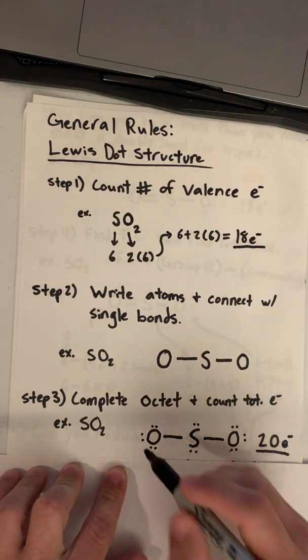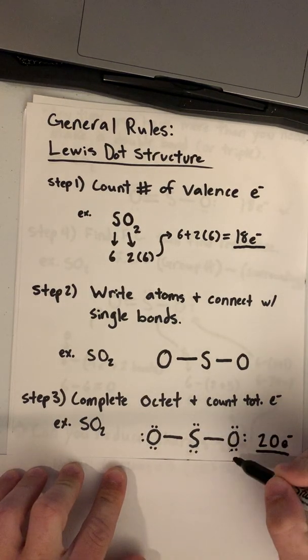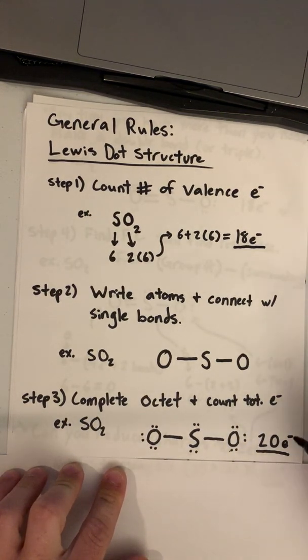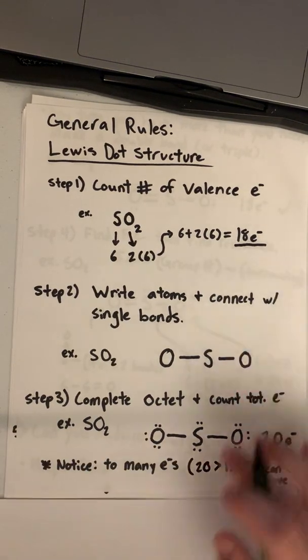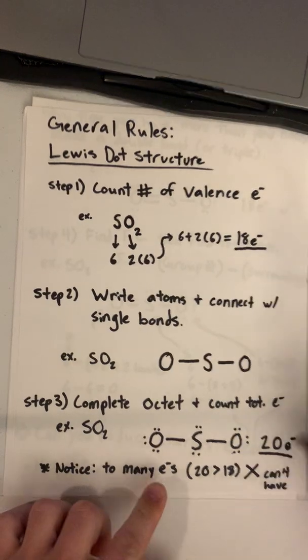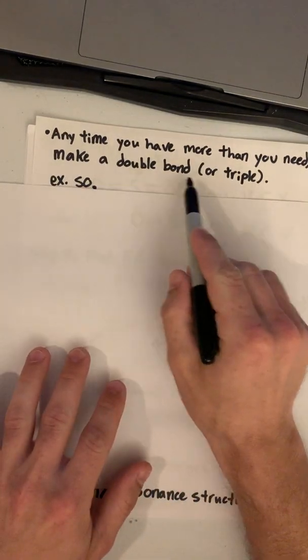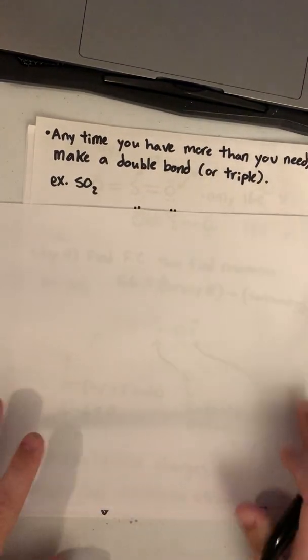See where you're at. We get 2, 4, 6, 8, 10, 12, 14, 16, 18, 20. So notice how we have 20 electrons here. Notice that's too many electrons. We wanted 18 electrons. Anytime that this happens, we're going to go back and make a double bond, possibly a triple bond if we need to.